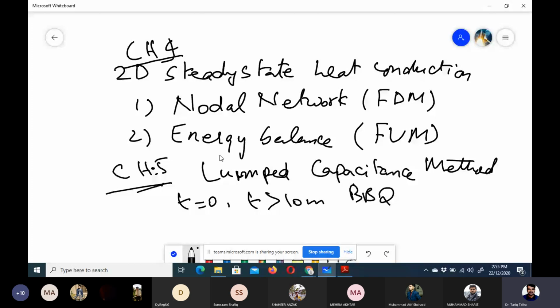After some time, that kettle's bottom surface becomes quite heated. So in this problem, temperature is a function of time, which means we are talking about transient heat conduction. These were the two examples I gave you from our daily life.